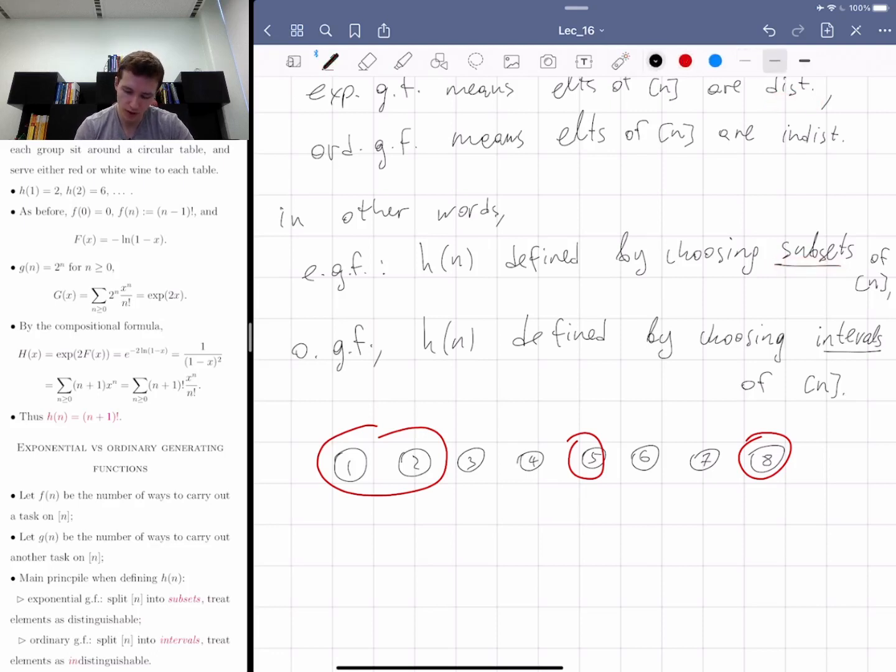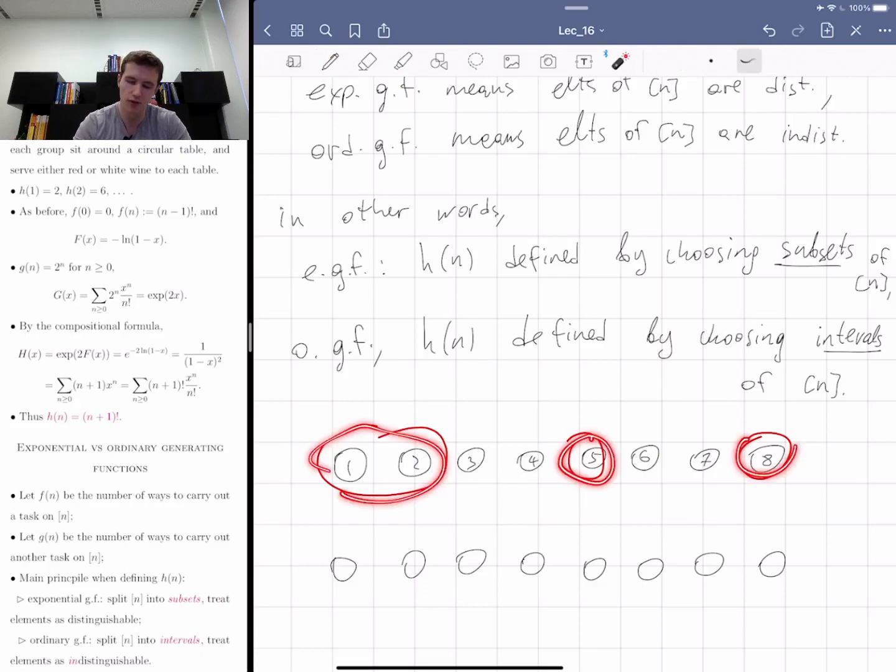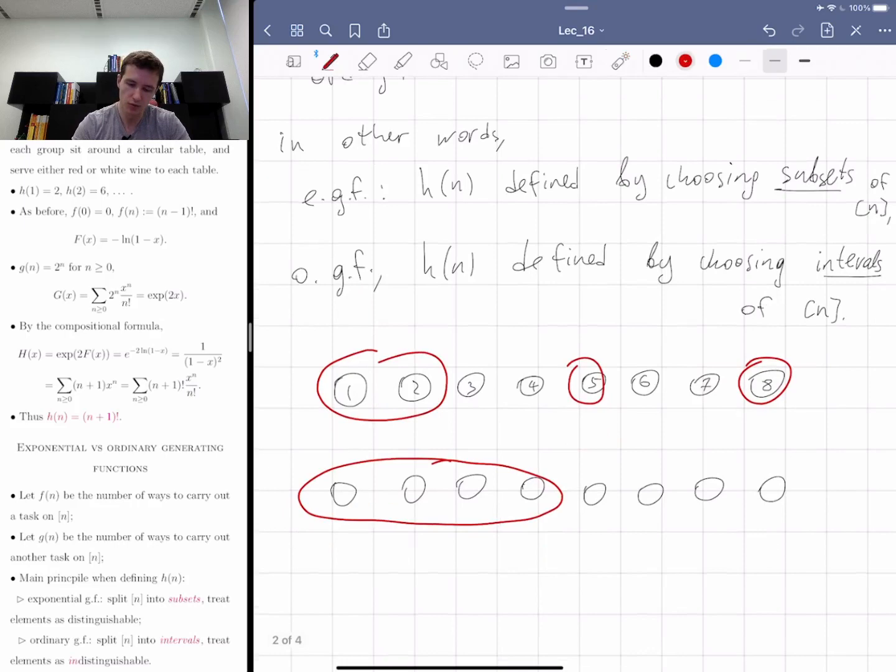Now, if the balls are indistinguishable, then it doesn't matter which subset you choose. All that matters is how many balls you choose. So here I chose 4 balls. I may as well have chosen the first 4 balls. So you choose an interval; it doesn't matter which one, only how many you choose. And here you choose a subset. Anyway, it's going to be clear from the statements what I mean, but so far it may not be clear.